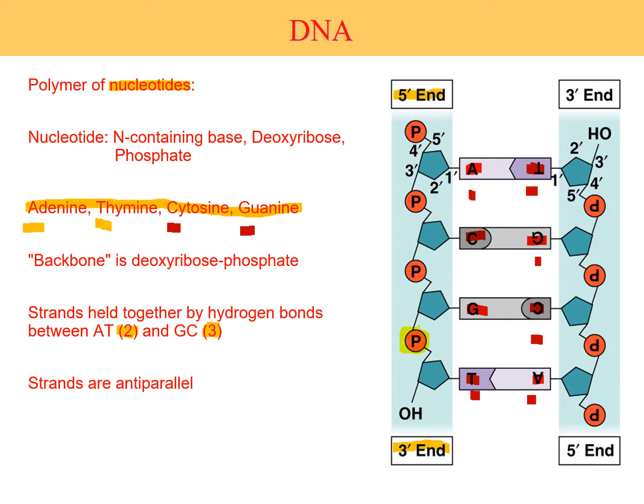And what that refers to, the number and the prime, refers to which carbon we're talking about. You see, each of these deoxyribose molecules has 5 carbons.